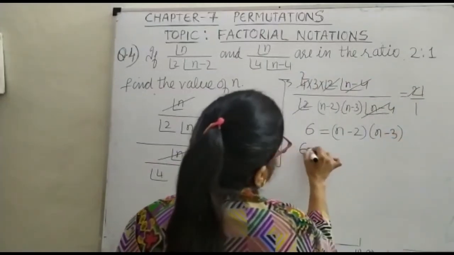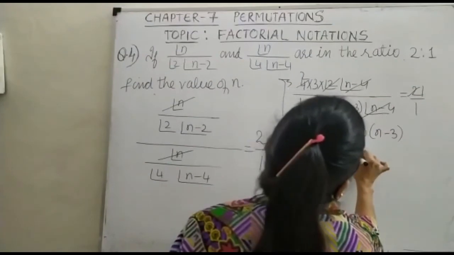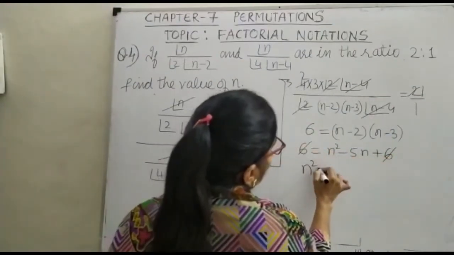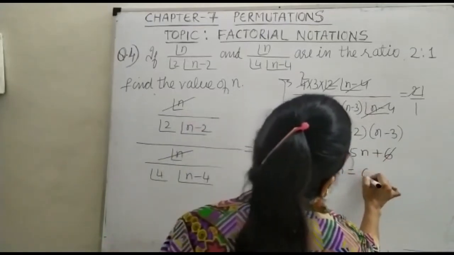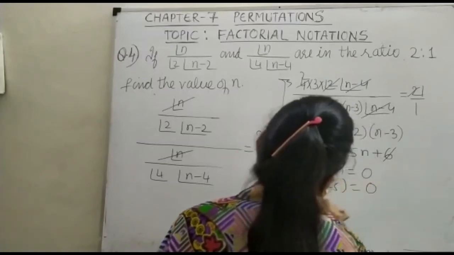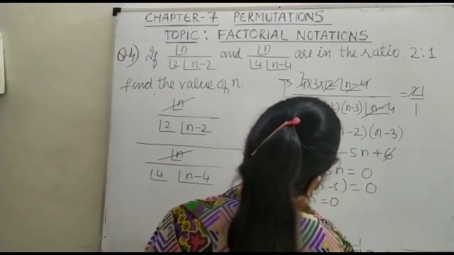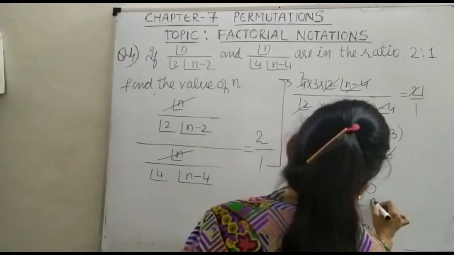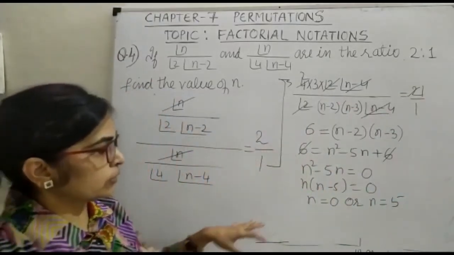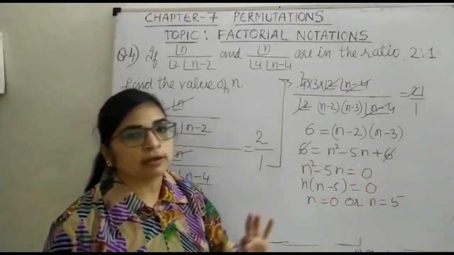This takes the form 6 is equal to n square minus 5n plus 6. So we are here with n square minus 5n is equal to 0, n into n minus 5 is equal to 0. So n is equal to 0 or n is equal to 5. So we are here with two values, n is equal to 0 or n is equal to 5.